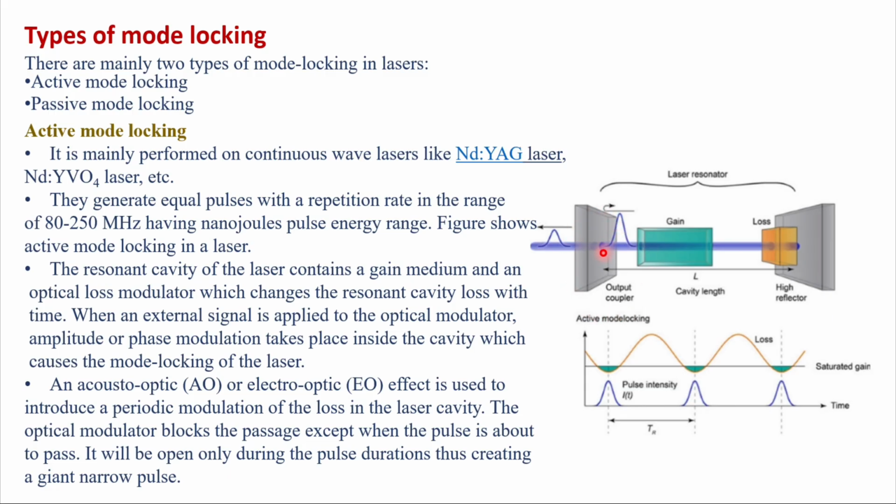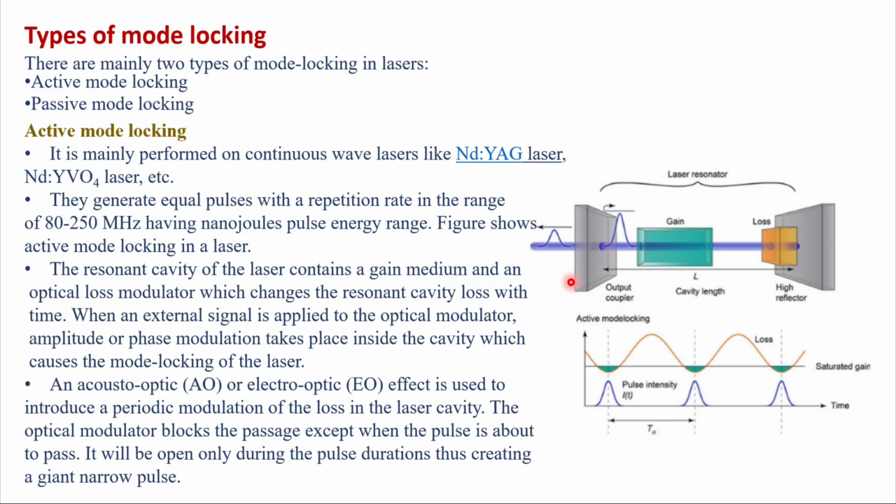What is the work of this output coupler? This mirror is partially reflective and allows a small fraction of light to escape. You can see this is the intense pulse, but when it comes out, its intensity decreases. This forms the laser output pulse.